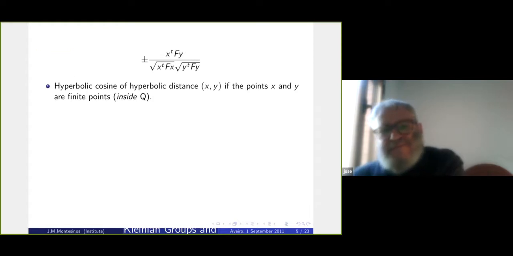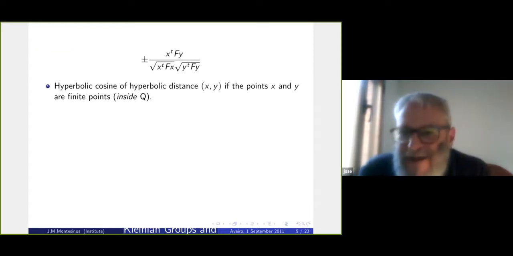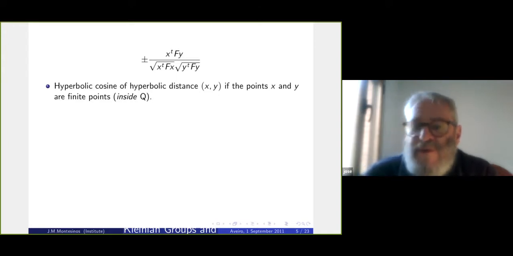For instance, if the vectors x and y correspond to points x and y inside the quadric, so in fact two points of the hyperbolic space at finite distance, then that formula gives the hyperbolic cosine of the hyperbolic distance between these two points.